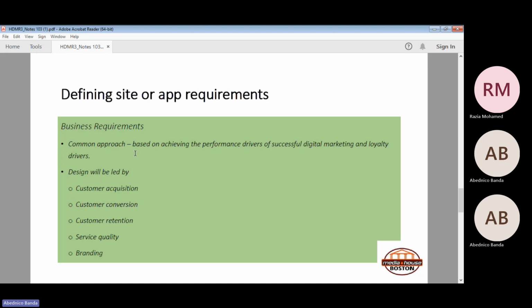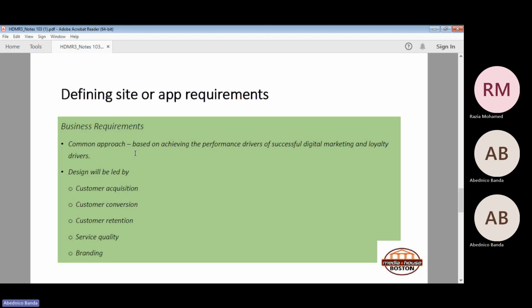So it has to be able to deliver customer acquisition. You need to attract as many customers as possible, and you can see that through page views, unique visitors and so on. And those customers who are coming to the website or using the mobile application need to be converted. They need to actually buy the product, be it a service or a subscription.